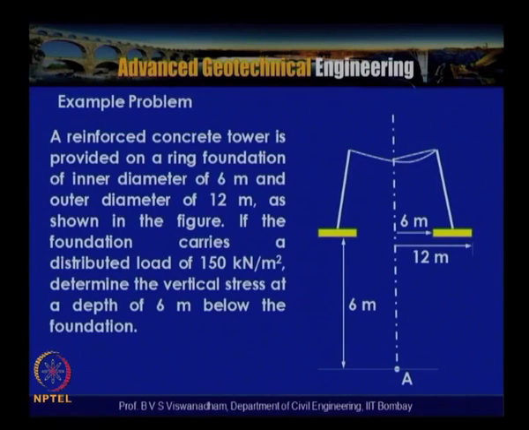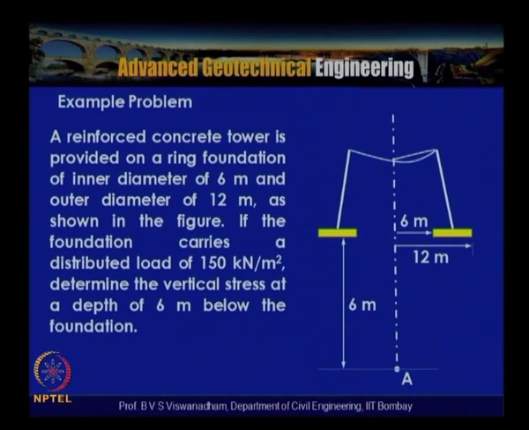So consider an example where a concrete tower is provided on a raft on a ring foundation. Mostly these chimney foundations, particularly in coal based thermal power stations and steel plants, you will find these chimneys resting on ring foundations.